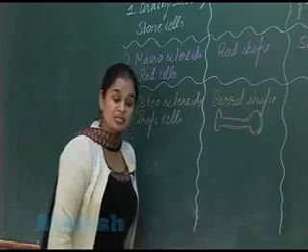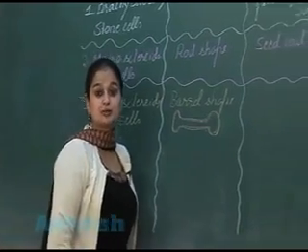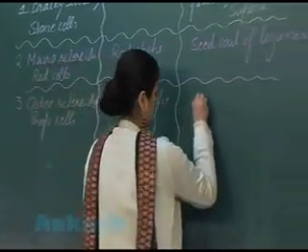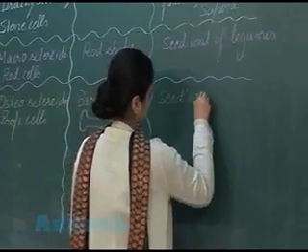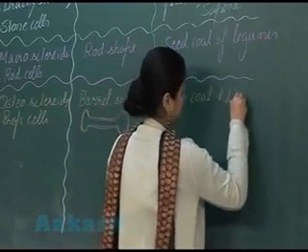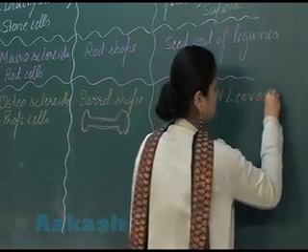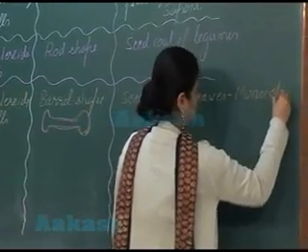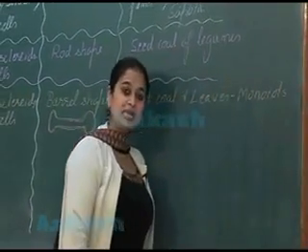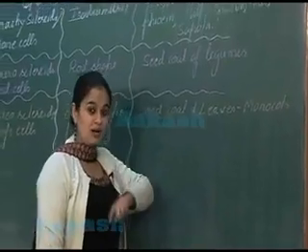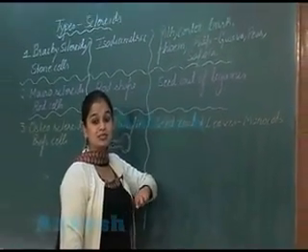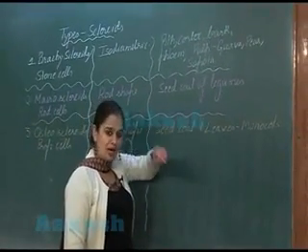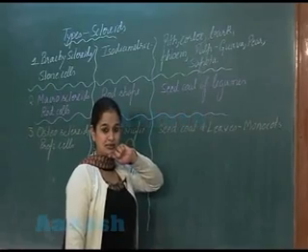The prop cells are present in the leaves and seed coat of monocots. They are also present in legumes, but in the legumes they are present below the epidermis.